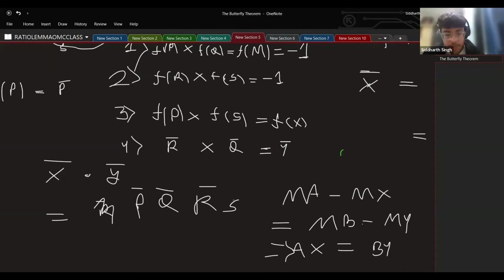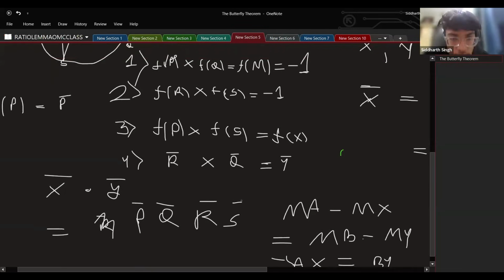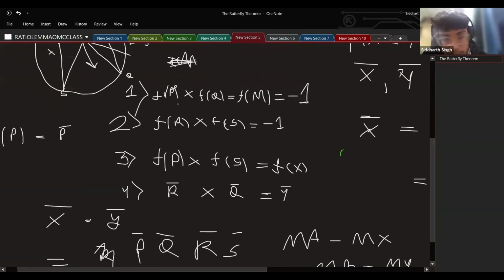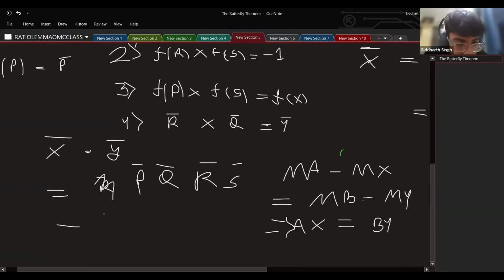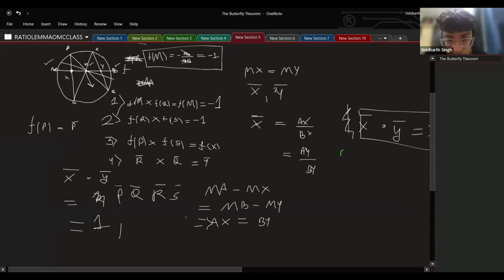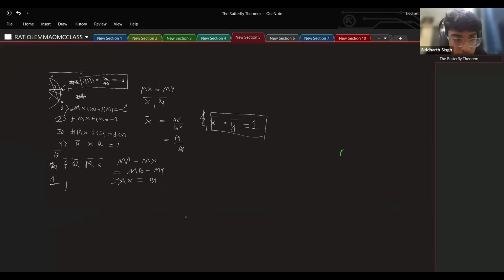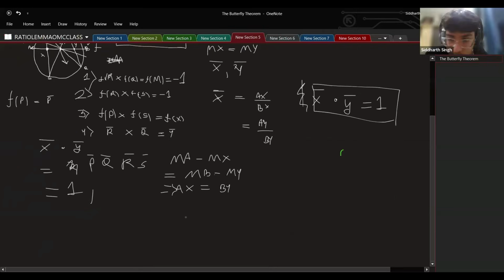But we already know pqrs. What's the multiplication of pqrs? Fp into fq into fr into fs is just minus 1 times minus 1, which is just equal to 1, and hence we are done. Does everyone get this? Yes.